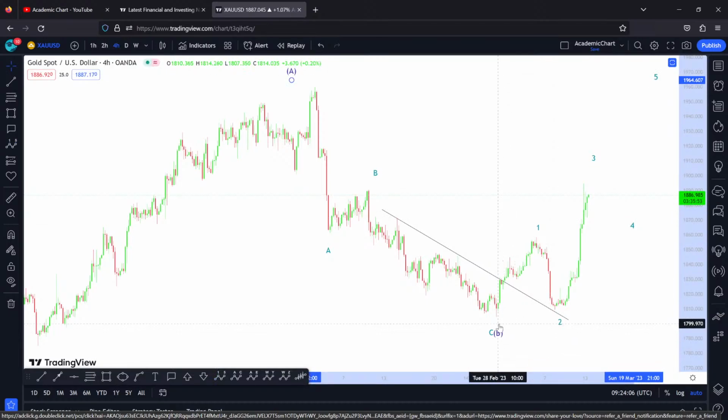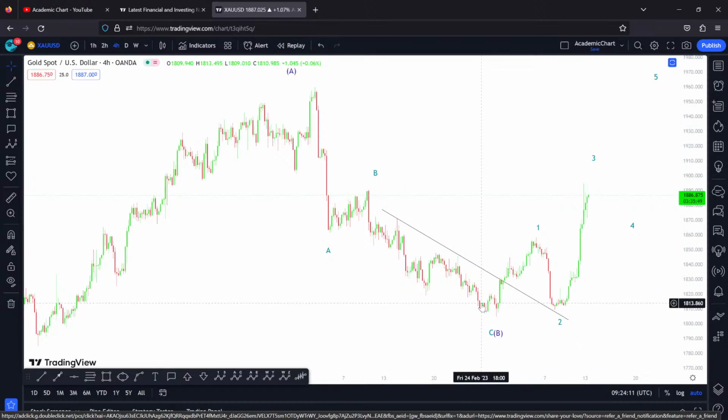So this C was the end of the major B wave. And now we can see that this has been retested with the second wave of that impulsive wave. The third wave has been targeted, it has reached resistance. We might see a fourth and fifth wave to the top somewhere.